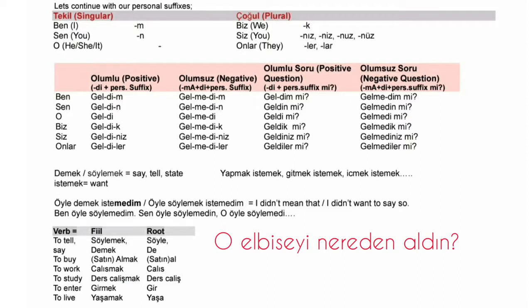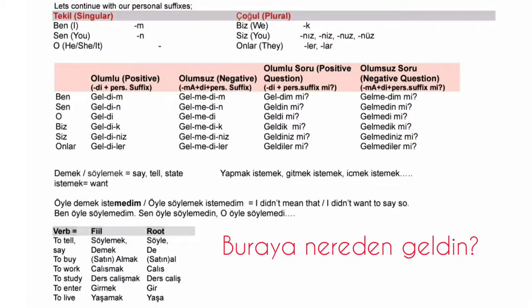We use the first positive version, olumlu version, because we have got our question word already in the sentence, nereden, so we don't need mı, mi here. Or buraya nereden geldin? How did you come here? From where? Buraya nereden geldin?